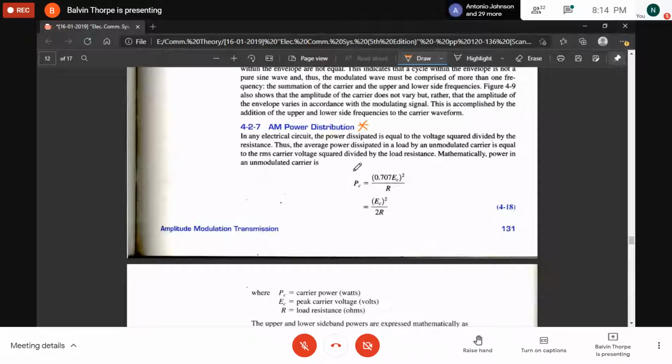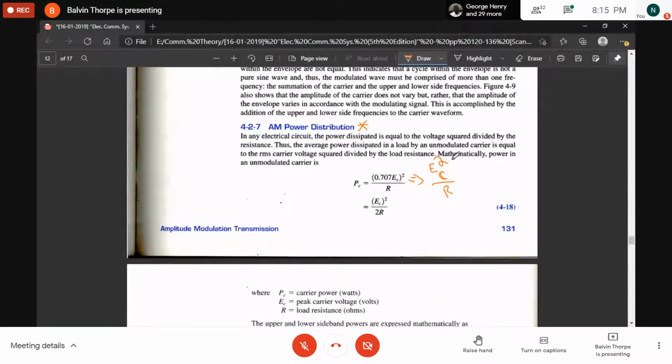On top, I should write it, making sure you see. So for the top part here, after we do this, what we're going to have is EC squared all over R, and 1 over root 2 all squared.